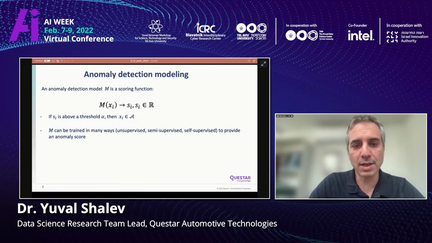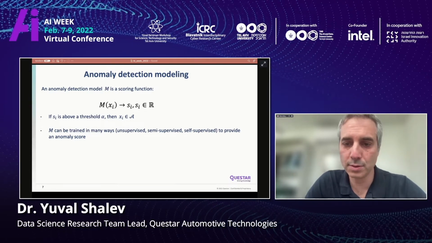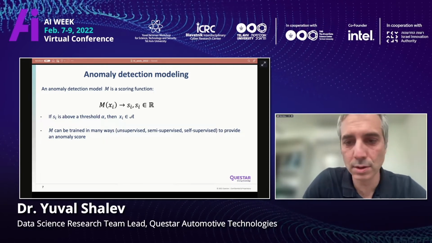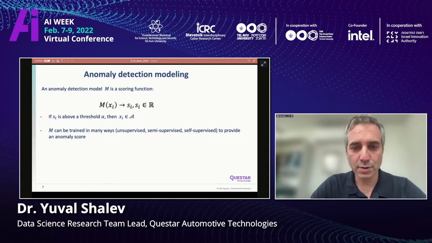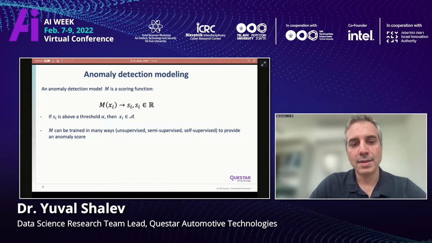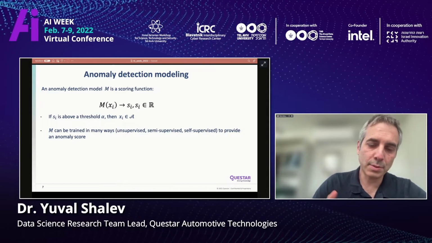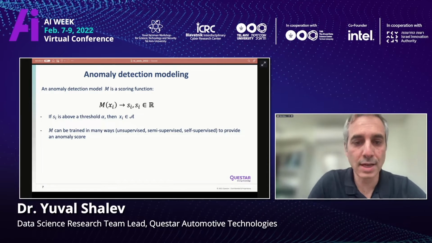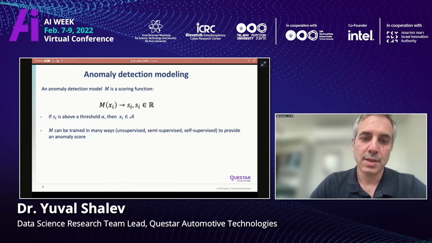The scoring model can be trained in an unsupervised, semi-supervised, or self-supervised fashion, or any other way you choose. There are many to choose from. And of course, there are other ways to calibrate alpha: it can be hard thresholding, or some dynamic approach, or even a model itself.